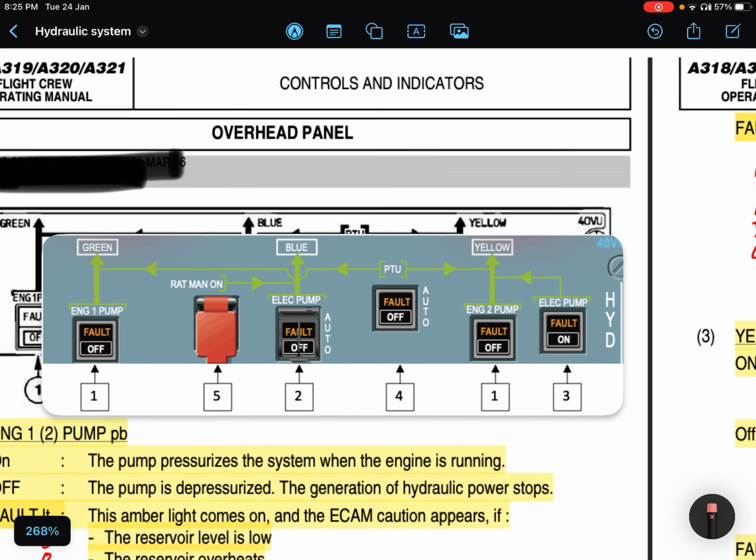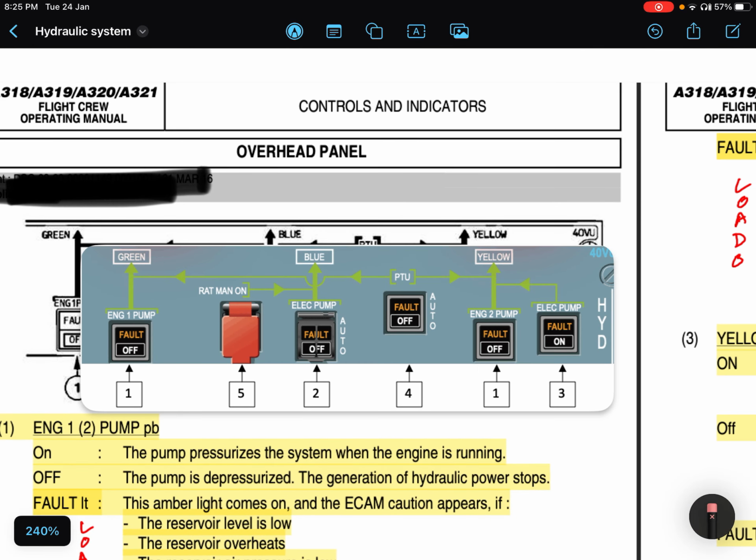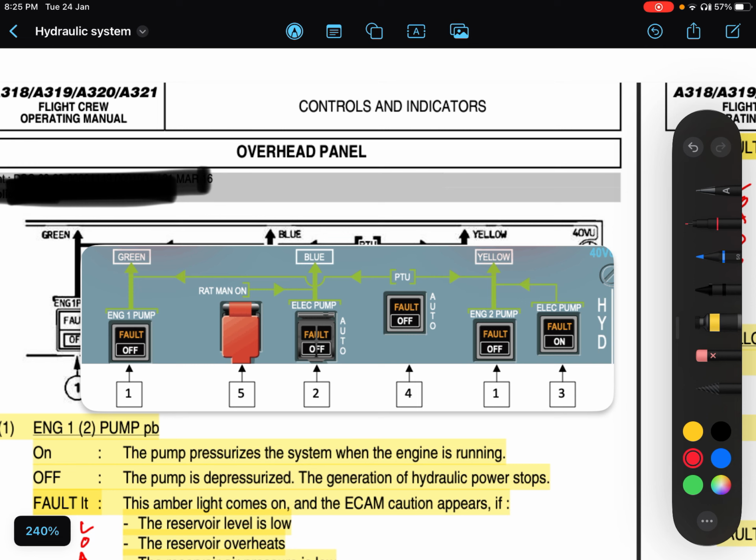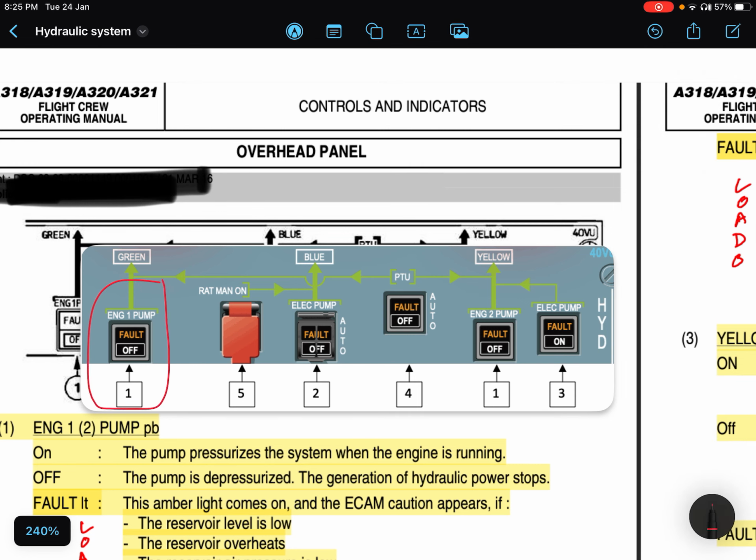This is the overhead panel, right? We have indications for engine 1 pump, then engine 2 pump, engine driven pump 2. Clear? Then we have the electric pump in the yellow system.